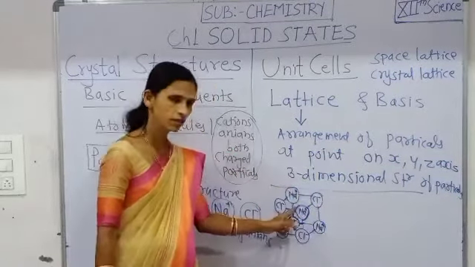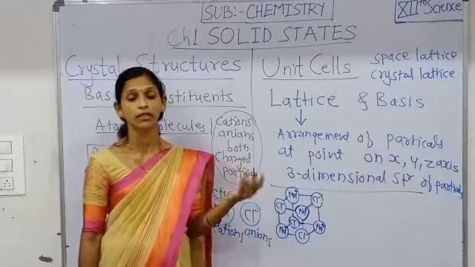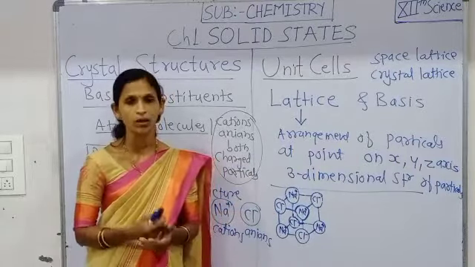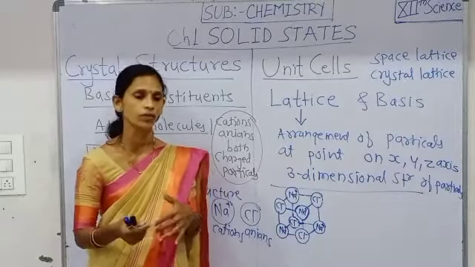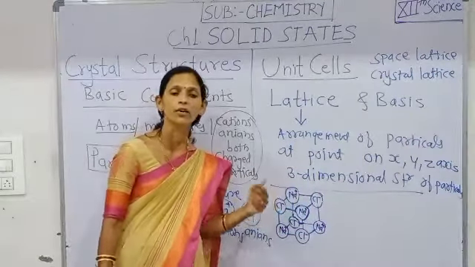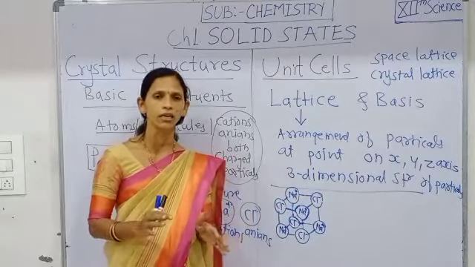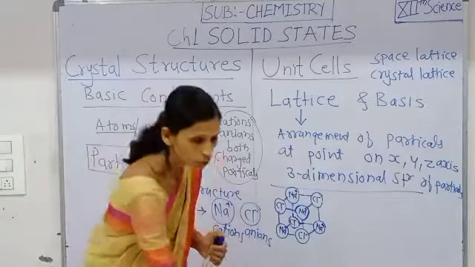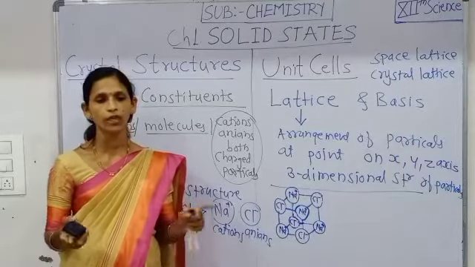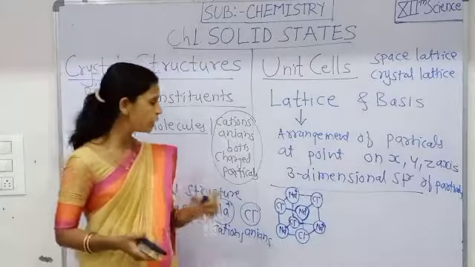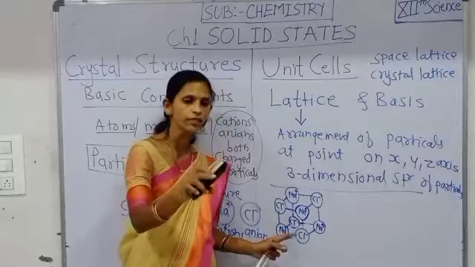For example, here the NaCl unit cell is cubic in shape, or hexagonal shaped unit cells may be obtained, or orthorhombic, tetragonal, or monoclinic, different types of unit cells are obtained here. We will discuss all those types of unit cells later, and those unit cells can be classified into different types depending upon the position of the particles in the unit cell.